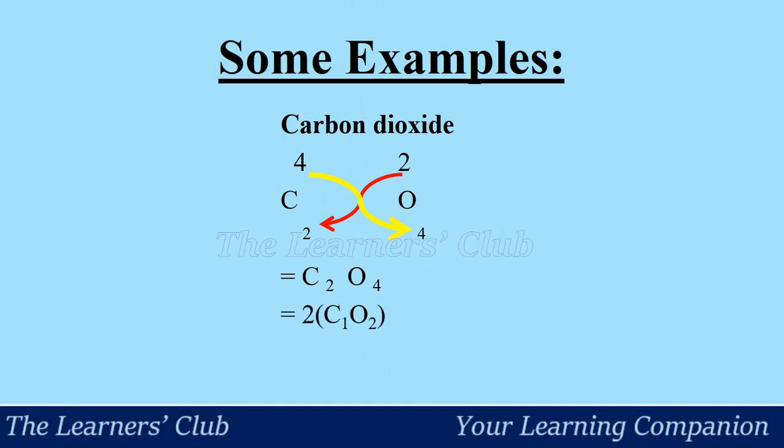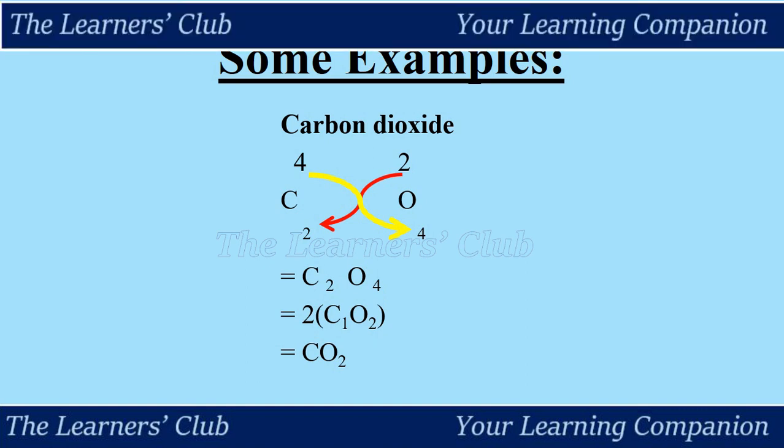Now taking 2 as a common factor, you can write it as C1O2 inside a bracket. The common factor can be removed, and finally you can write it avoiding even the number 1. The final formula for carbon dioxide becomes CO2.